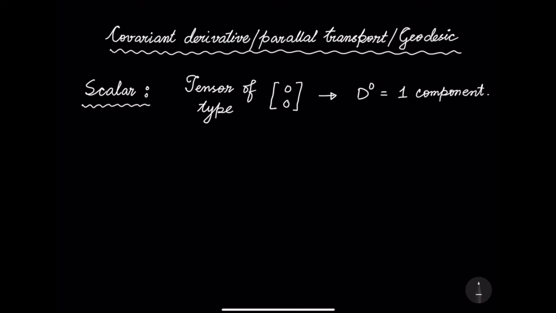Now when I call a scalar, d is the dimensionality. Every time we talk about it, our dimensionality will be either d or sometimes d will be equal to 4, because that's what we deal with. Our space time is 4-dimensional. Now you see, this is only one component, and that component is fixed everywhere irrespective of the space time.